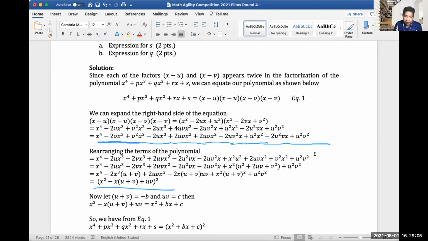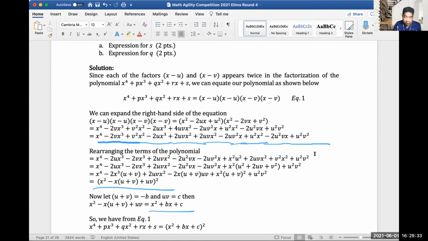If we let u plus v, which is the one in the middle term, equal to negative b and uv equal to c, we will get this form x squared plus bx plus c, right? So we simplified our equation to a normal quadratic equation which has coefficient b and, of course, constant c.